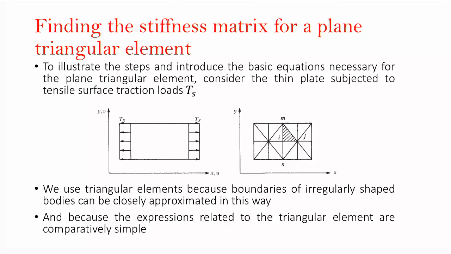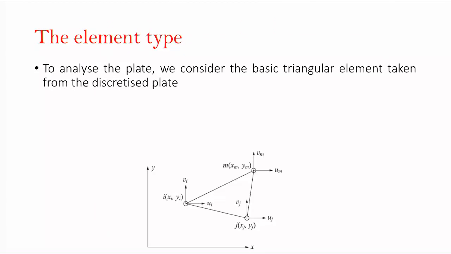So now we want to calculate the displacement function for this individual shaded triangular element. This is the general node numbering for a triangular element. Instead of using 1, 2, 3 for the node numbers, we use I, J, M here.